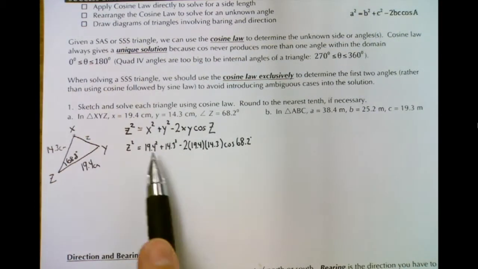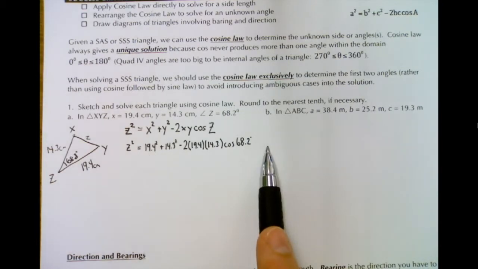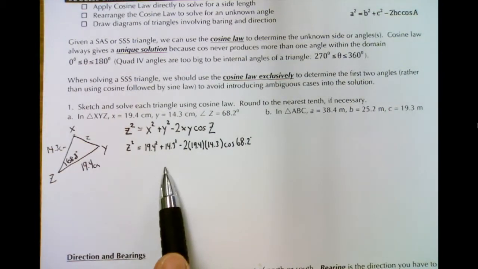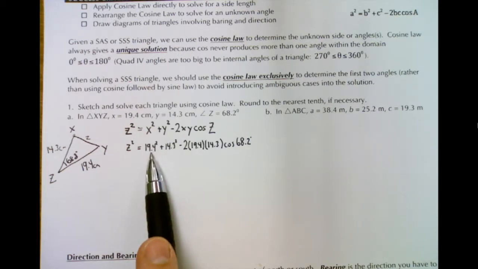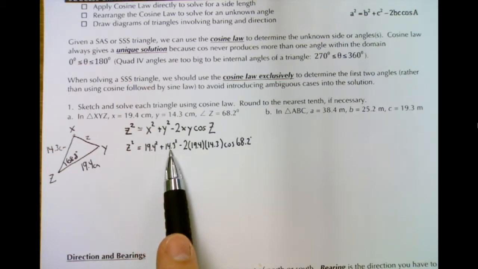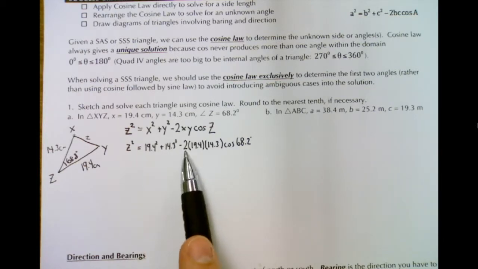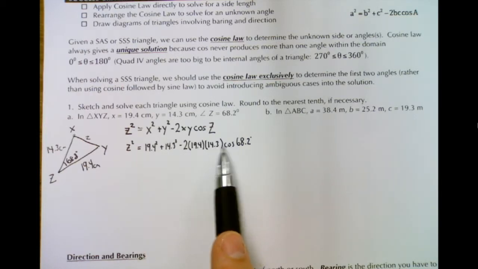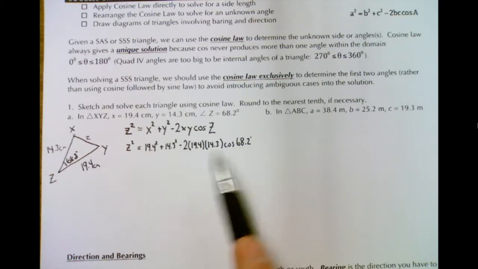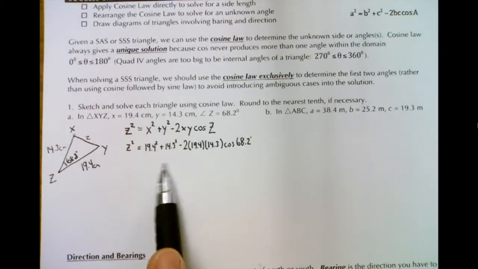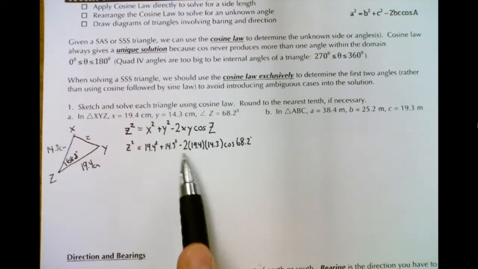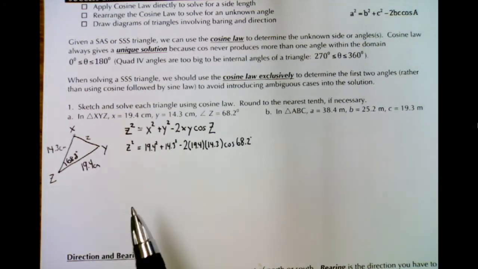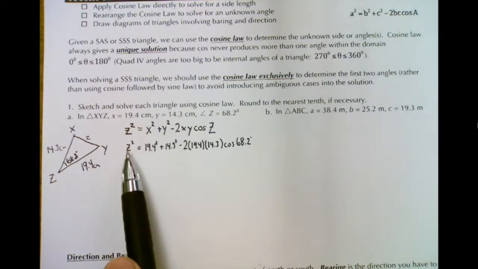You can type the entire right side into your calculator and get a single answer, which saves any bad math problems. Alternatively, do 19.4 squared plus 14.3 squared and write an answer. Then do negative 2 times 19.4 times 14.3 times cos 68.2, write an answer, and then subtract the two answers, or add them depending on the sign in the middle. Then come up with a single number, and the last step is to square root.